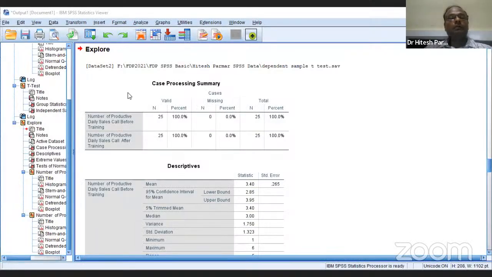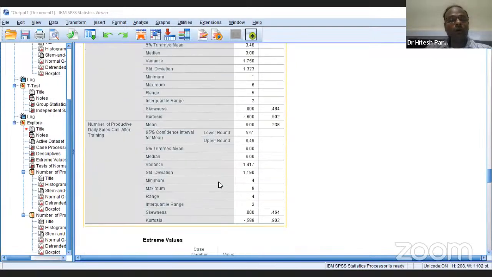Who will interpret the result? Just confirm through the chat. Is it normal or not?